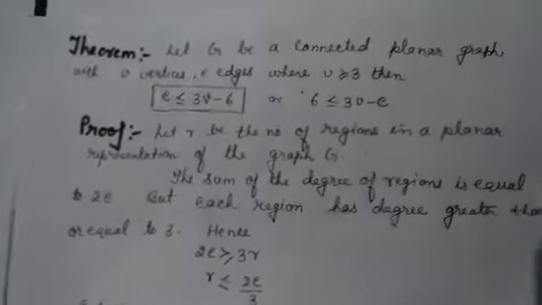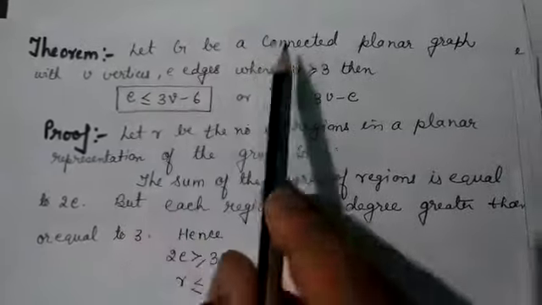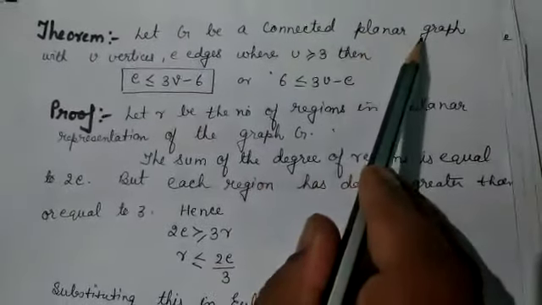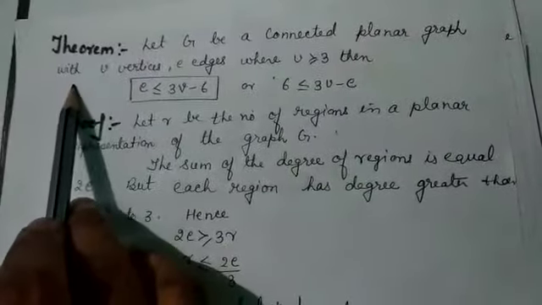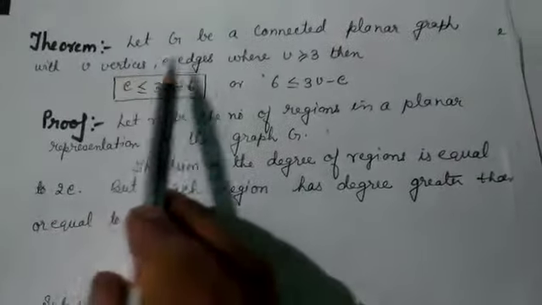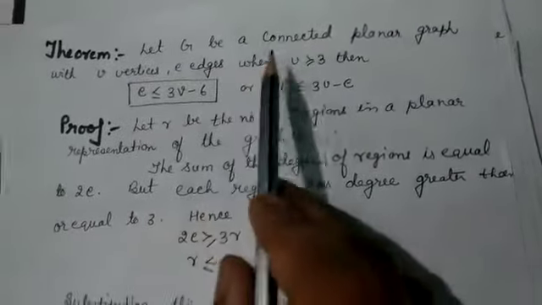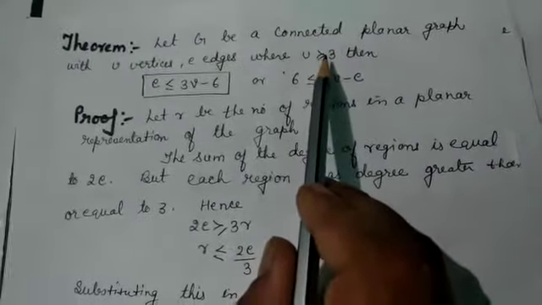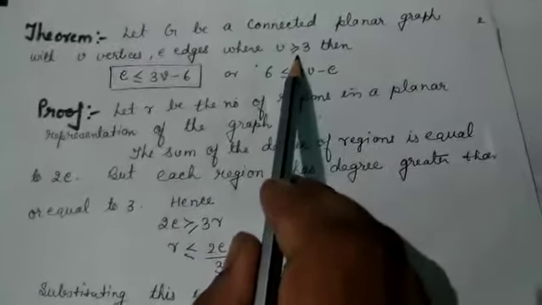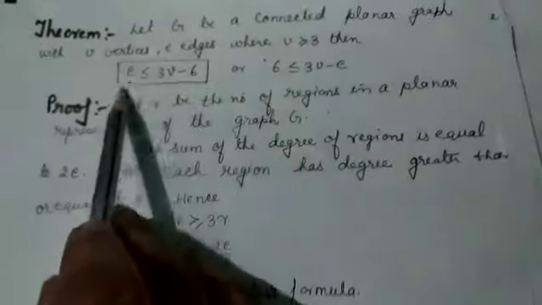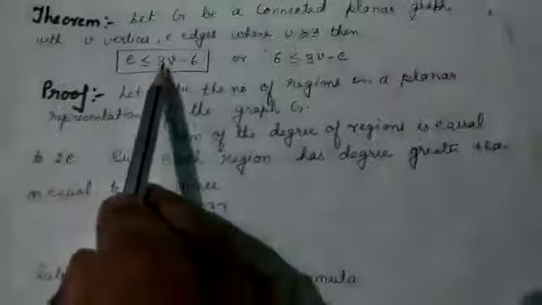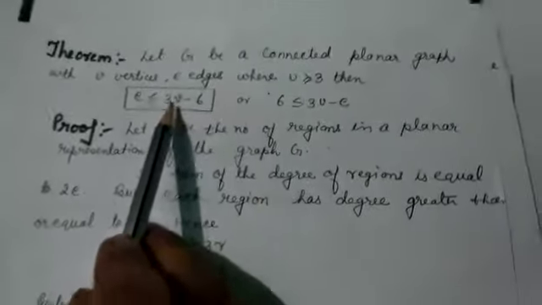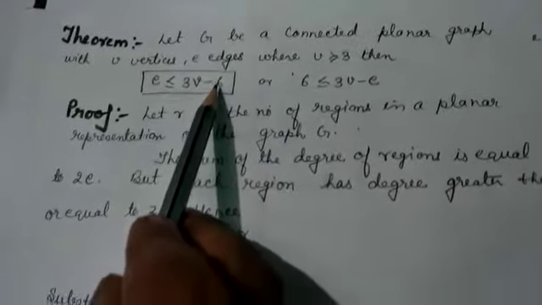Now we have a theorem. Let G be a connected planar graph with V vertices and E edges, where the number of vertices is greater than or equal to 3. Then E is less than or equal to 3 times the number of vertices minus 6.